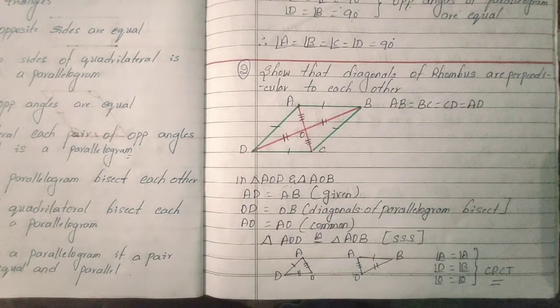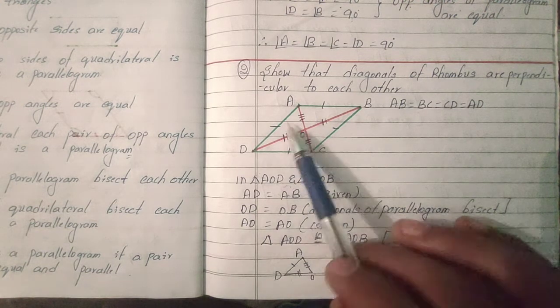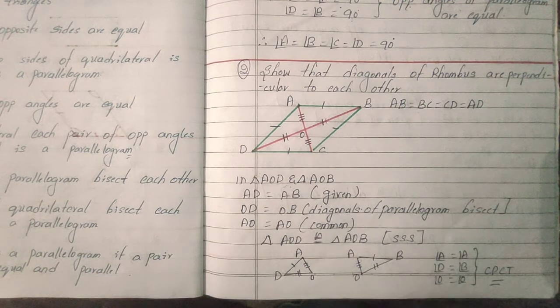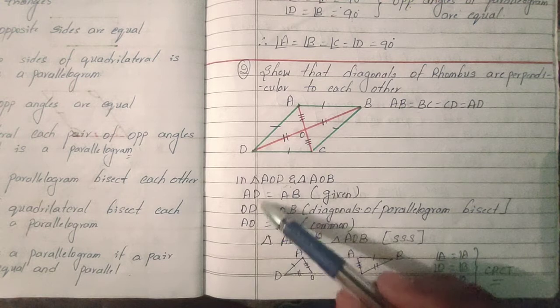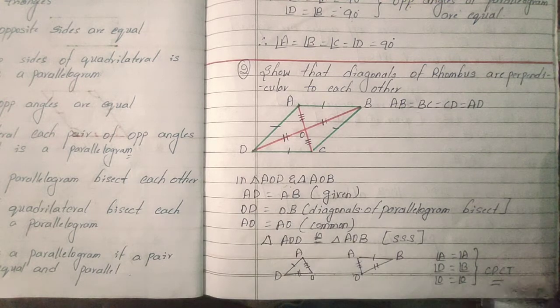That is said to be CPCT, corresponding parts of congruent triangles. After we prove the triangles are congruent, we can find the CPCT. CPCT can be angles or it can be sides. Whereas you found 3 sides, the remaining 3 angles are said to be CPCT.